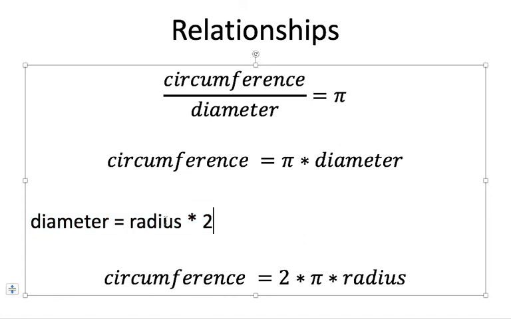Okay. And if I were to substitute diameter equals radius times 2 into this equation right here, I get this equation. Circumference is equal to 2 times pi times radius. This is the equation for circumference you'll see most often in math books.